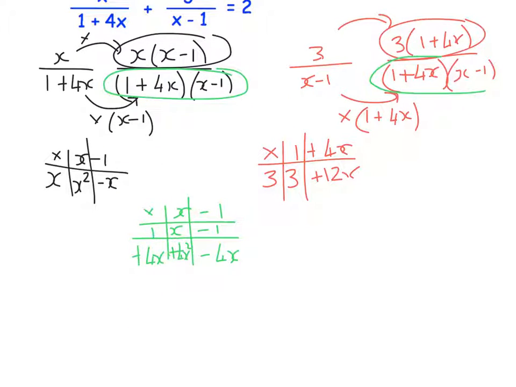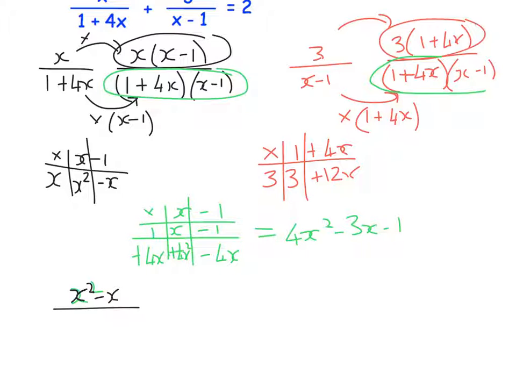And if I can now start putting it all back together, I've got x squared minus x all over... I'm going to just simplify this first. So I've got x take away 4, I've got 4x squared. x take away 4x is minus 3x, and then minus 1.